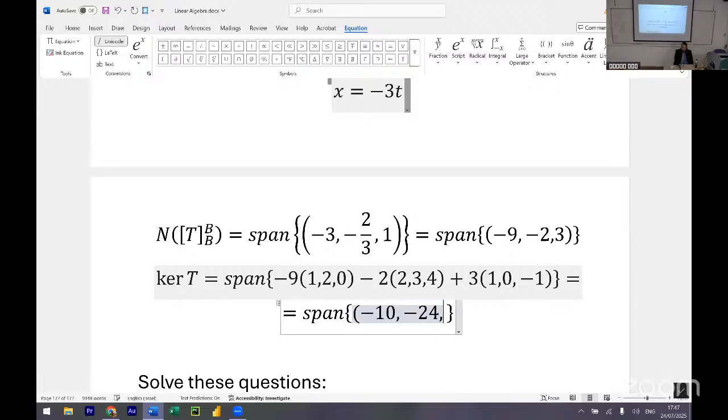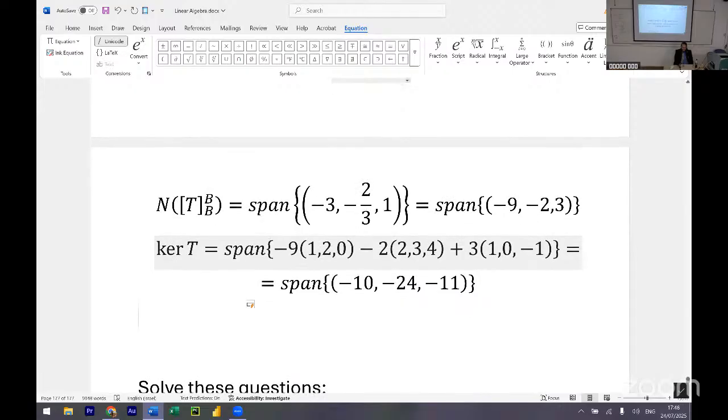Yuck. And 0, -8, -3, -11. Oh, yuck. It had to be an odd number at the end. I wanted to divide by 2 as well. Okay, yuck, but that's the answer, hopefully.